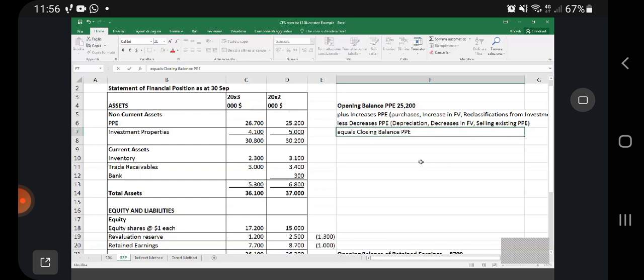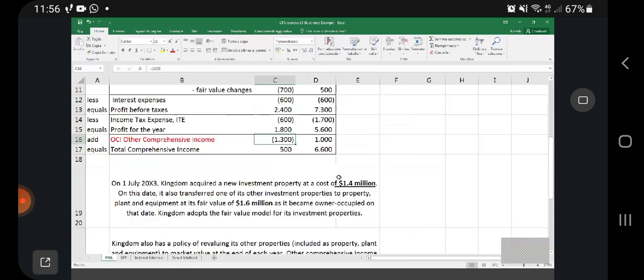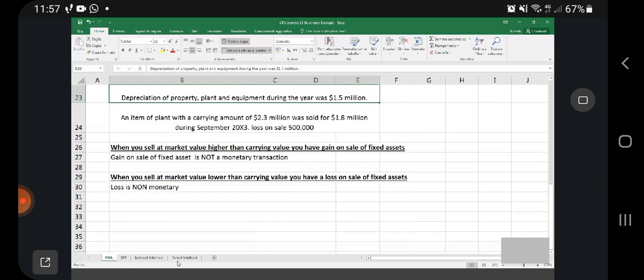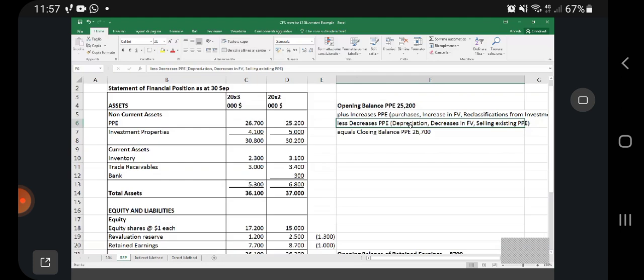You know how much depreciation is. How do we know that? Here. We have the depreciation of property, plant, and equipment, 1.5 million. So you know the depreciation, you know the decrease in fair value, you know the value of selling existing PPE, you know the reclassification.